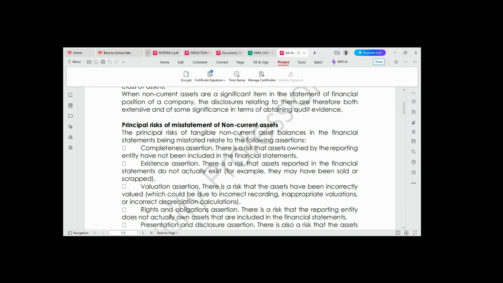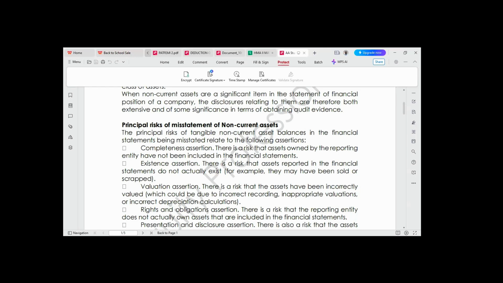Remember also, when we were discussing chapter 6, that is audit evidence and sampling, I said that the third assertion, which is the assertion based on presentation and disclosure, is for both the statement of financial position and the statement of profit or loss and other comprehensive income.